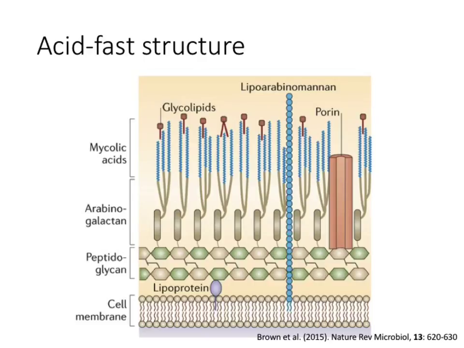At room temperature, it's a waxy-like substance. It actually makes it very challenging for white blood cells to phagocytize Mycobacterium, in the same way that we talked about the capsule on Streptococcus makes it challenging.